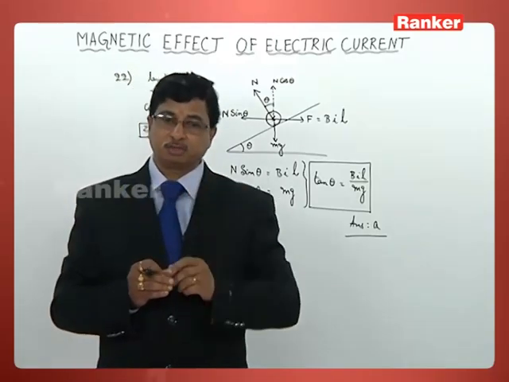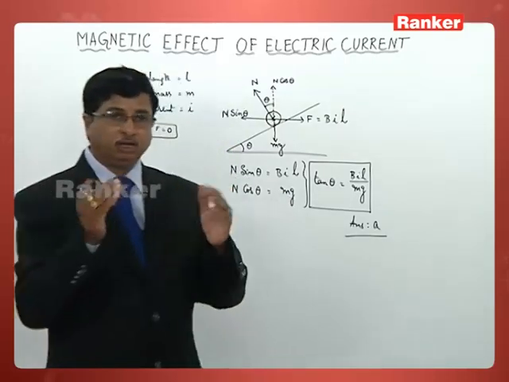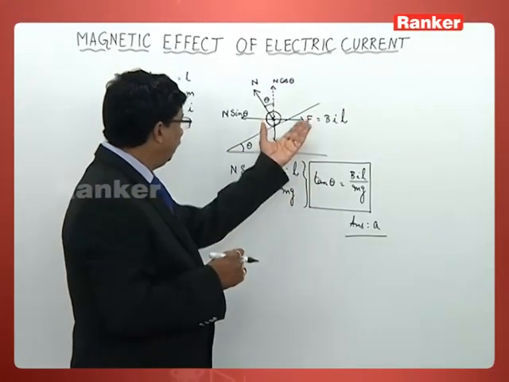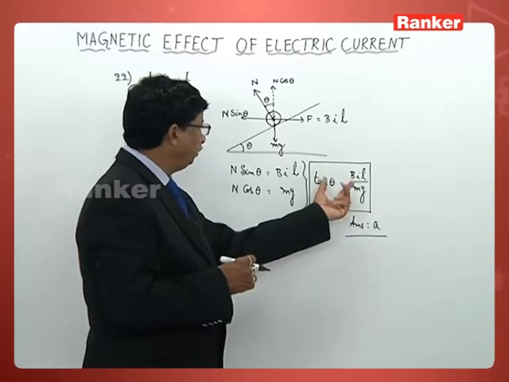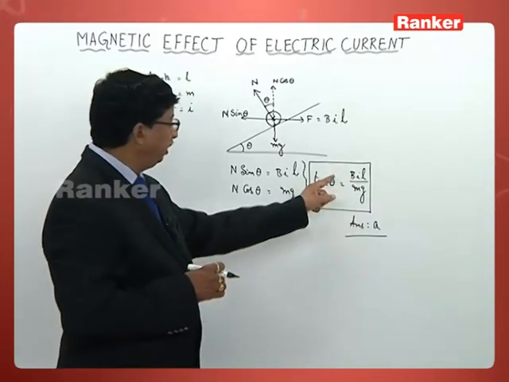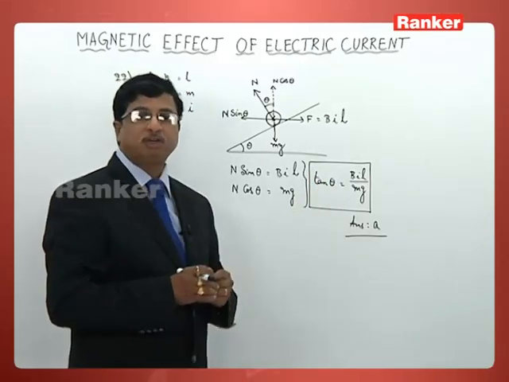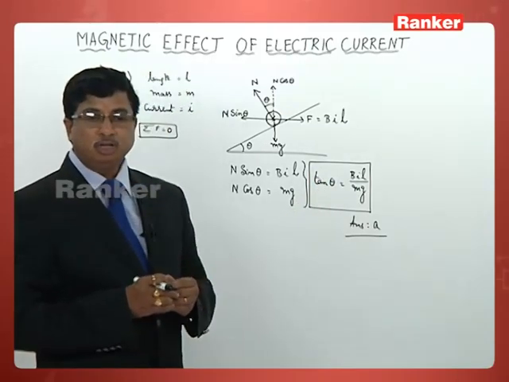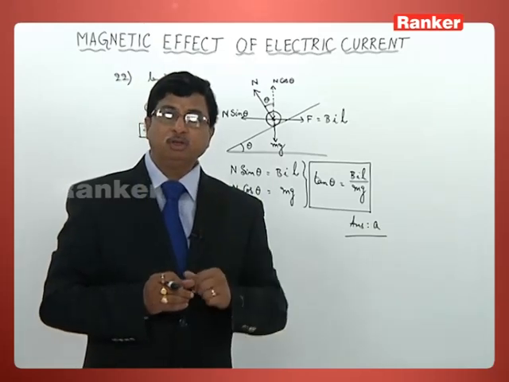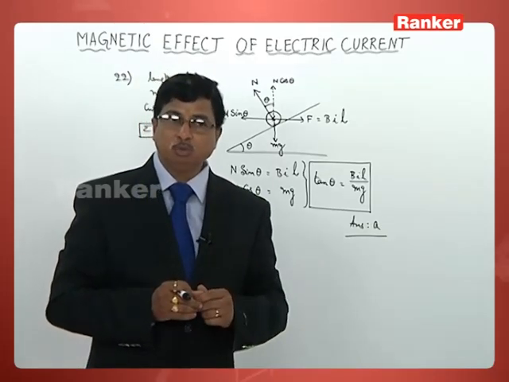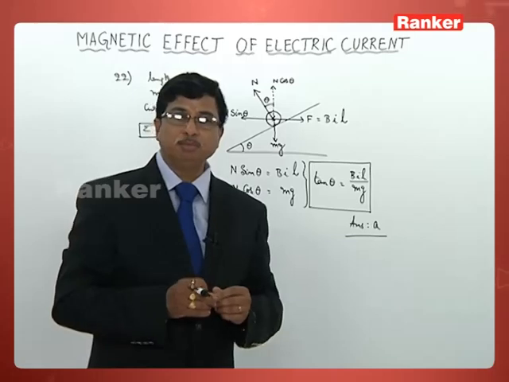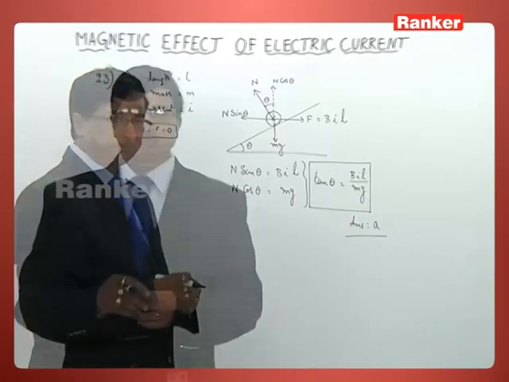That is the concept. If you correlate all those three points, directly you will get for tan theta a formula like BIL by mg. The correct answer for this particular problem number 22 is A, according to the four options provided to us. This is problem 22 for us.